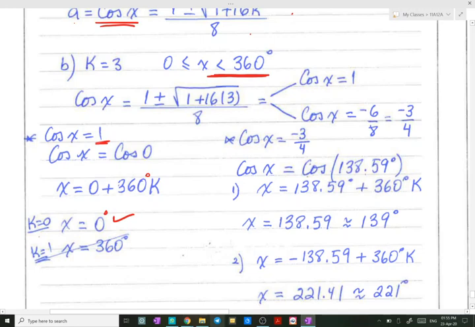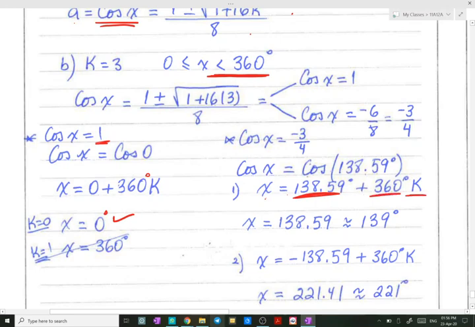We move to the other value of cosine x. We find that cosine of 138.59 degrees is equal to minus 3 over 4, and we start our work by writing x is equal to the angle plus 360 k.